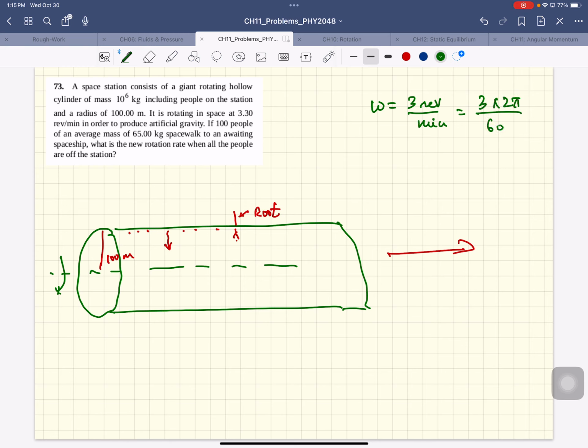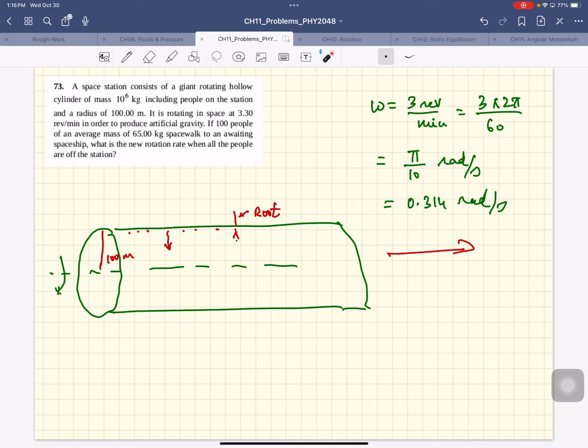So pi by 10 radians per second, in order to produce artificial gravity. So you feel gravitational force in that direction.